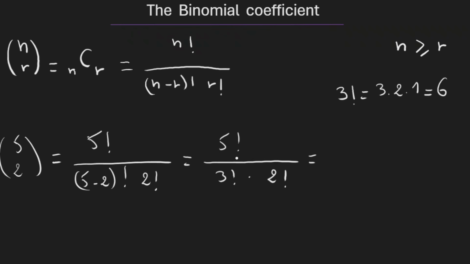And 5 factorial here is 5 times 4 times 3 factorial, over 3 factorial here times 2 factorial. So this cancels this and we are left with 5 times 4, which is 20, over 2, since it's 2 times 1. So 20 over 2 is 10.